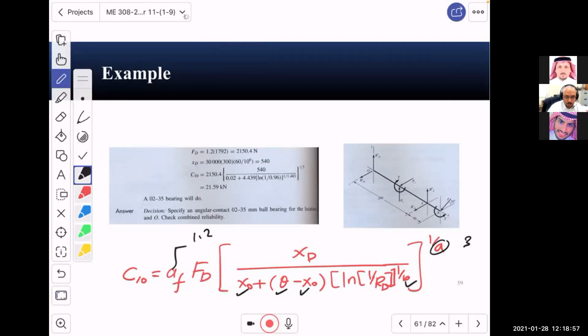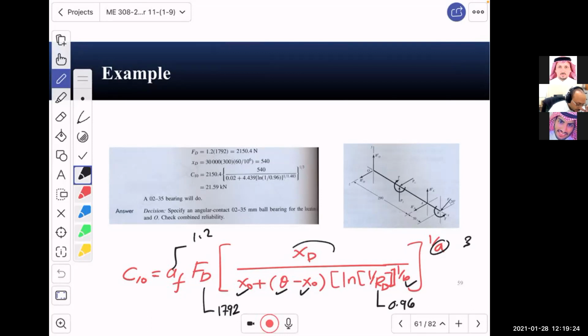It is 1.2 given by the problem. And what is FD? It's what we found: the resultant reaction at A, which is 1,792. So what is RD? It is 0.96. Remember, the catalog gives you 90%. This is 96.